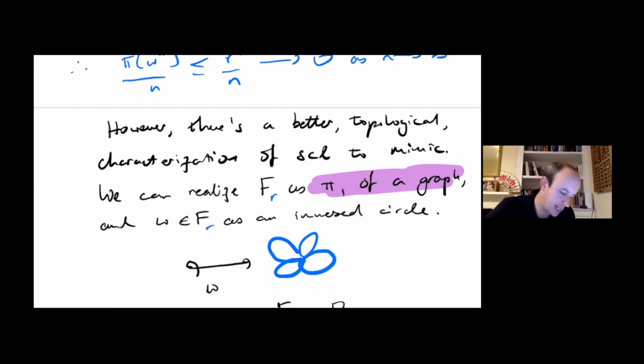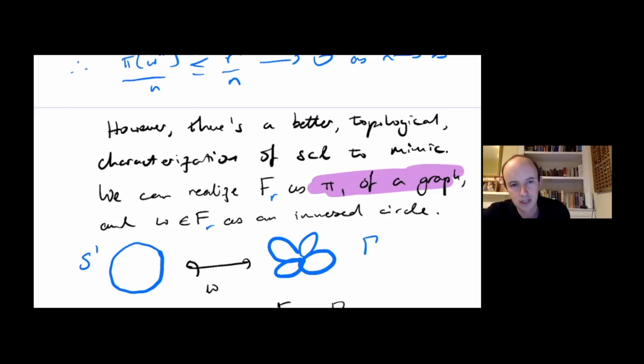And when I do this, I can think of my element W as coming from a circle S^1 immersed in my graph. Oh, and I want to give my graph a name. I'm going to call my graph gamma. So I can now think about my element W in that way, just as a circle that maps to a graph. Now, strictly speaking, if I'm thinking about an element of a group, I should put base points in here, since fundamental groups use base points.